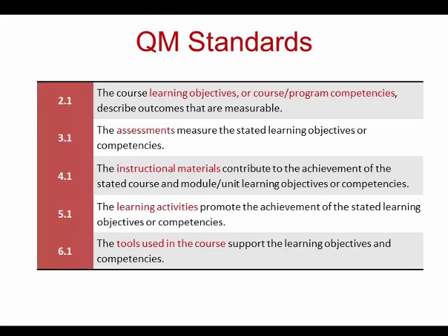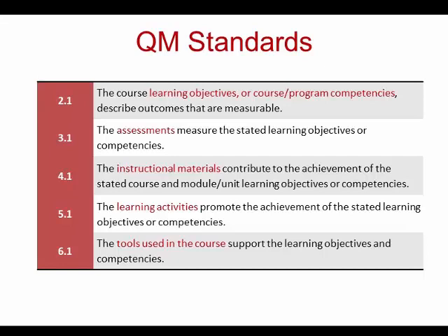So now let's look at 4.1. Now we are moving on to instructional materials. Again, if you carefully read this, instructional materials contribute to the achievement of the stated course and module/unit learning objectives or competencies. Again, do you see the alignment? They want you to include materials that contribute to the achievement of, and are directly aligned to, that particular module/unit learning objectives.